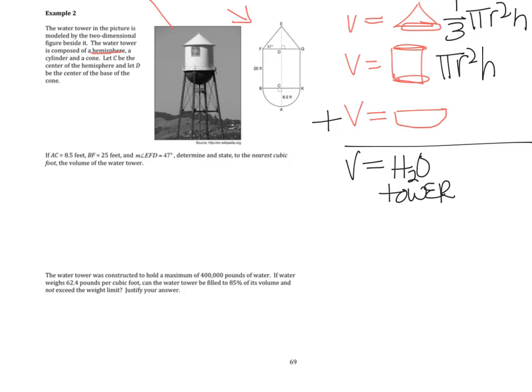And for a hemisphere, it's 4/3 times pi r cubed times 1/2, so it's 4/6 pi r cubed. Okay, so for the cone, I have 1/3 times pi times 8.5 squared.